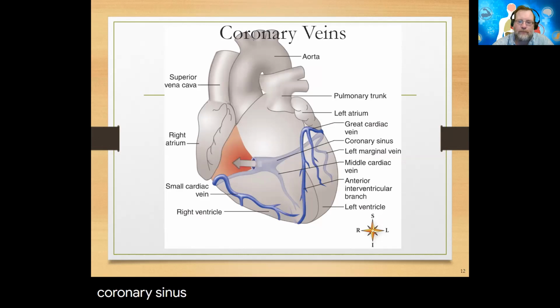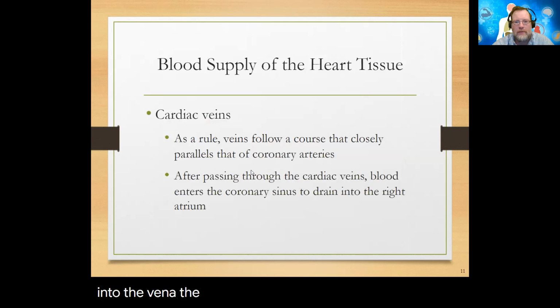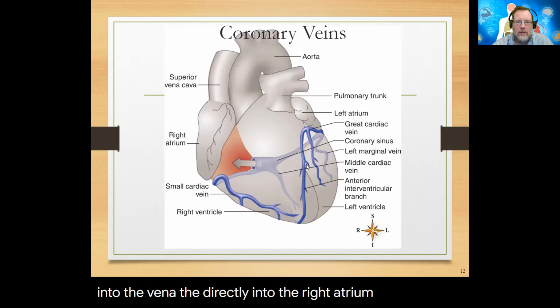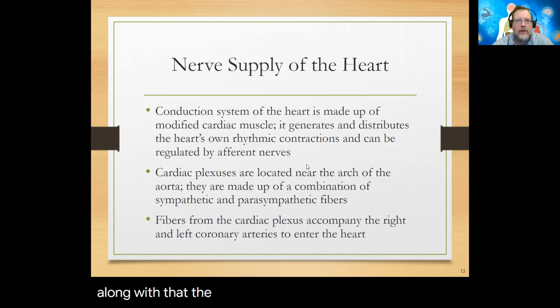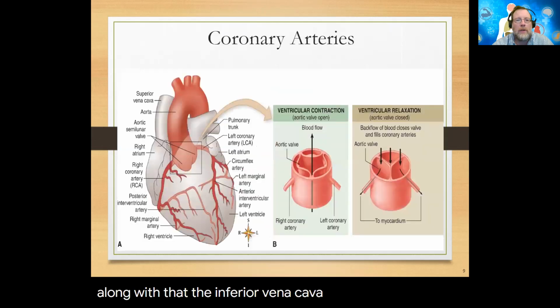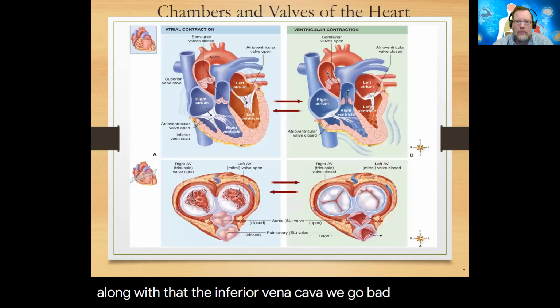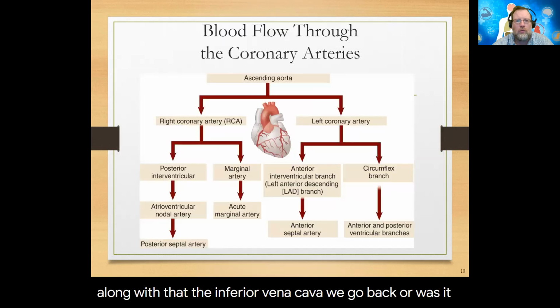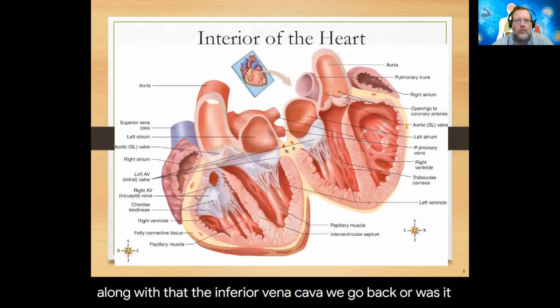Okay. And that coronary sinus is going to dump directly into the right atrium. It's going to pass along with the inferior vena cava. If we go back, where was that?